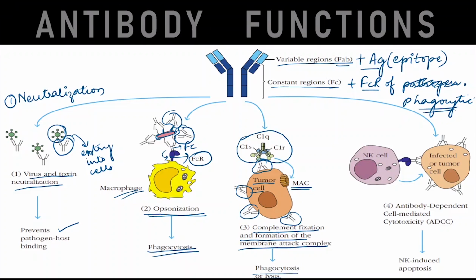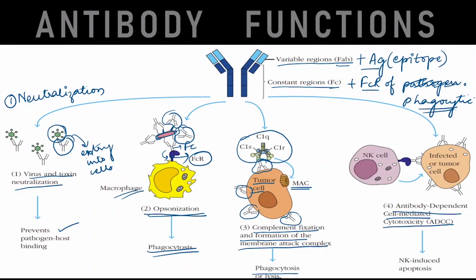Now the last one is antibody dependent cell mediated cytotoxicity. From here we can see that they cooperate with the cellular branch of the immune system by binding and recruiting the activities of cytotoxic cells like NK cells.